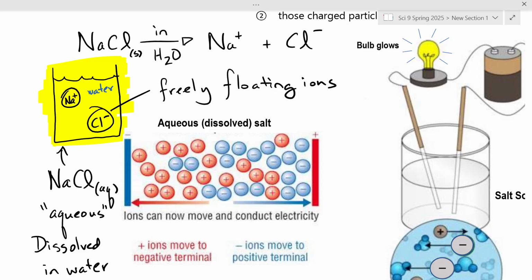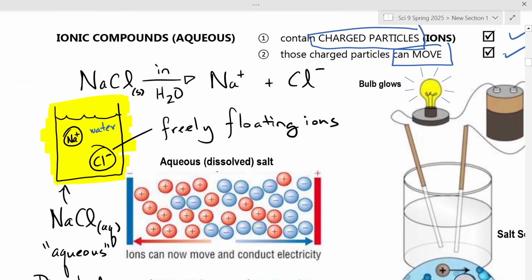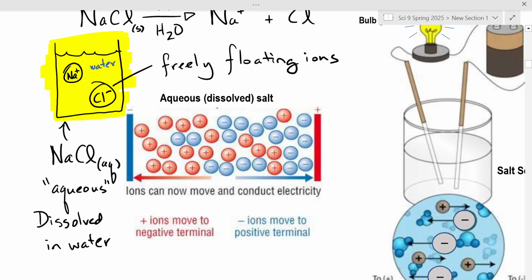What's question number two? Can they move? Are there charged particles in there? Yes. Can they move? Yes. Okay, and you can see we've written that up here. Do we have charged particles? Yes. Can they move? Yes. Shall we see what happens when we actually have a solution of sodium chloride?